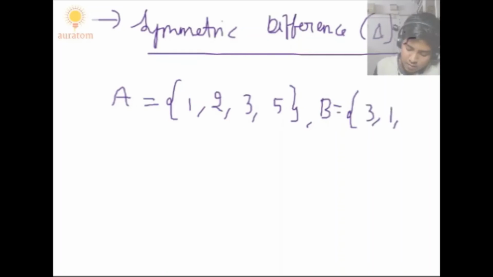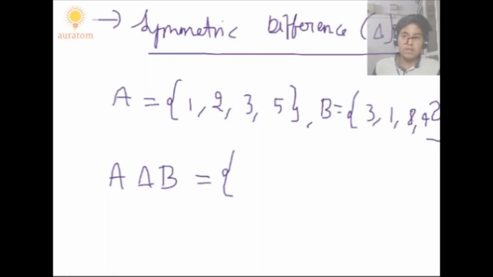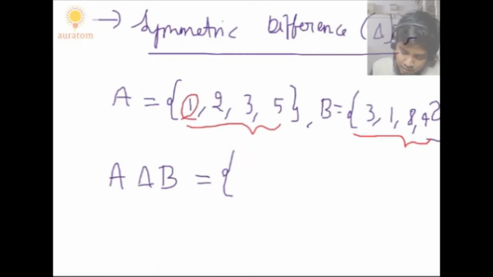3, 1, 8, 4. Okay, so the symmetric difference A delta B creates a set which includes all the elements that are in A and B but which are not common to A and B. So it includes the elements from A and B and it excludes the common elements from A and B, which are 1 and 3, right?